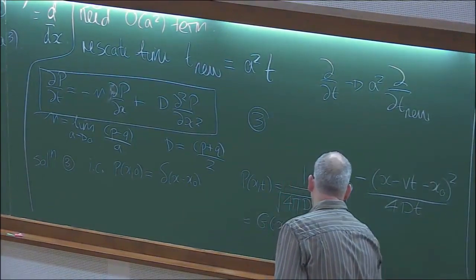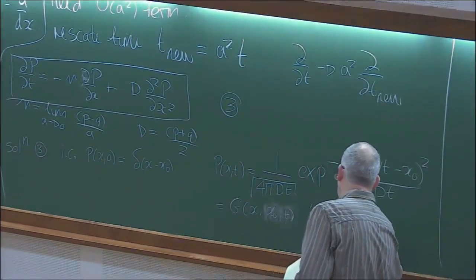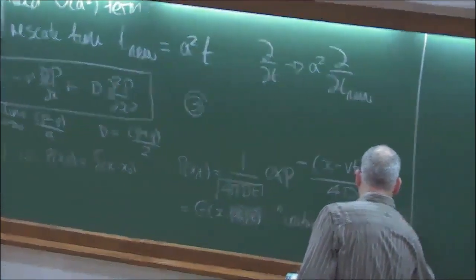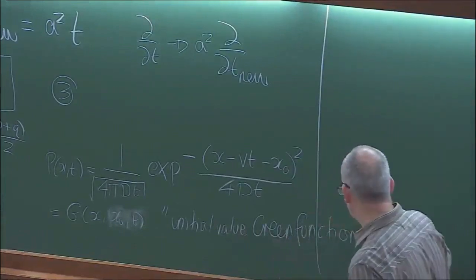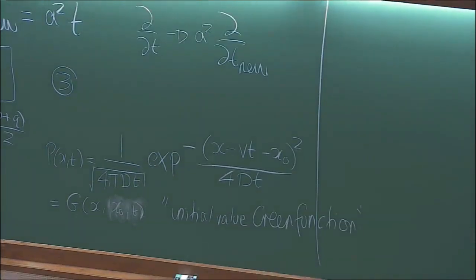This is known as the initial value Green function, or some of you may know it as the propagator. In field theory language, they call this a propagator. Doesn't matter. It's just a Green function.